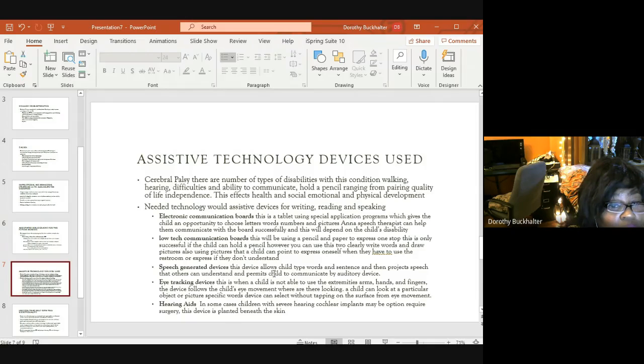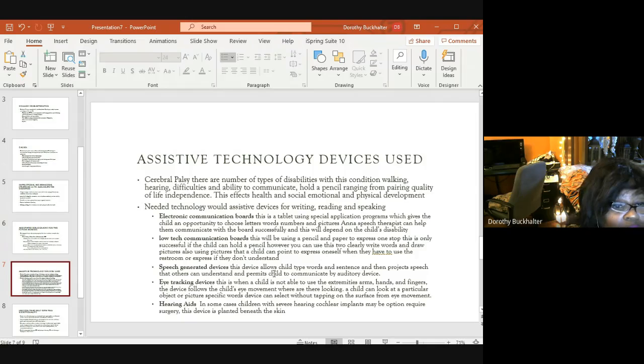This is for when a child has problems speaking, or the use of his extremities, hands, fingers, arms, and this device follows the child's eye movement, tracking where the child is looking at a particular object or a particular word. The device can select without tapping on the surface, and it can clearly speak auditorily for that child based on what the child's eye movement was on.